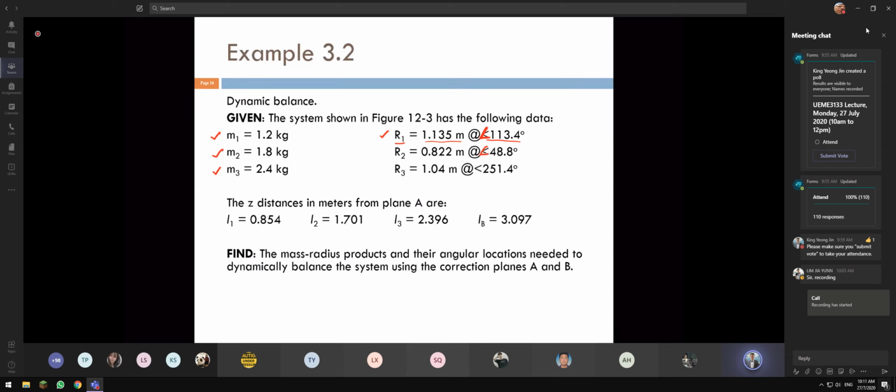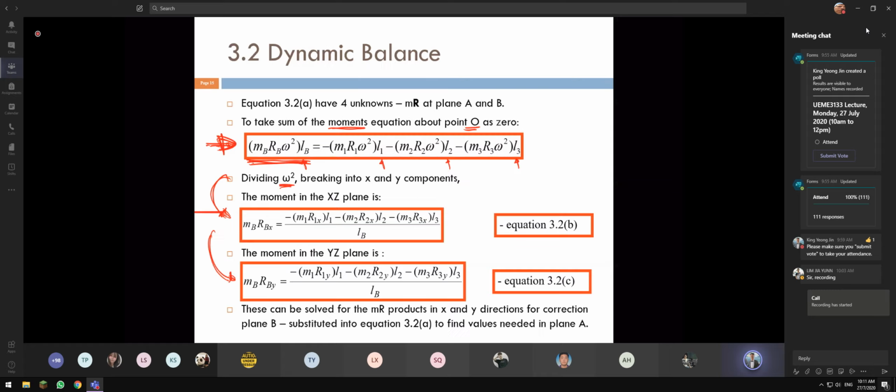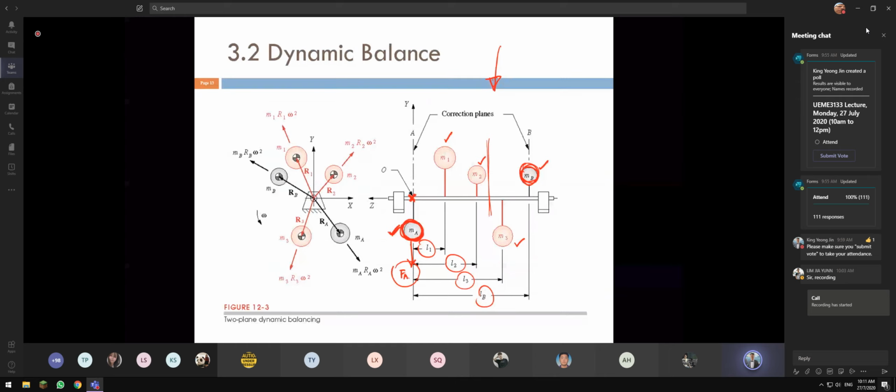R2 will be at 48.8 degrees with a distance of 0.822 meters. And then R3 is 1.04 meters at the angle of 251.4 degrees.